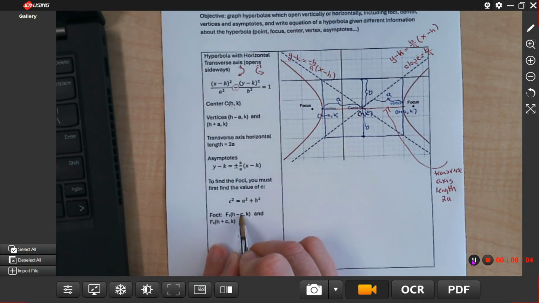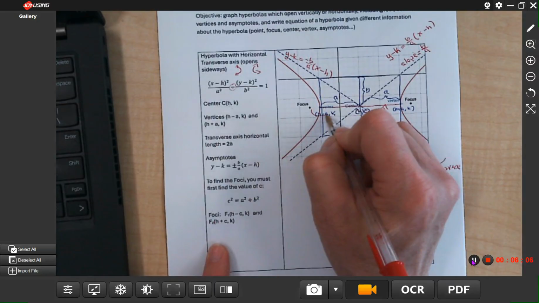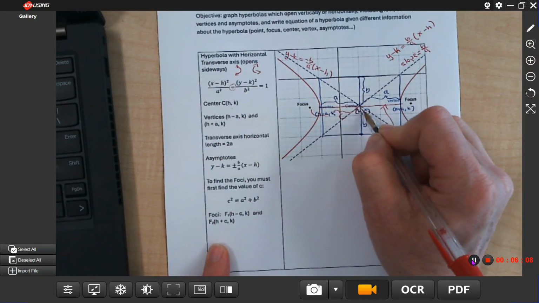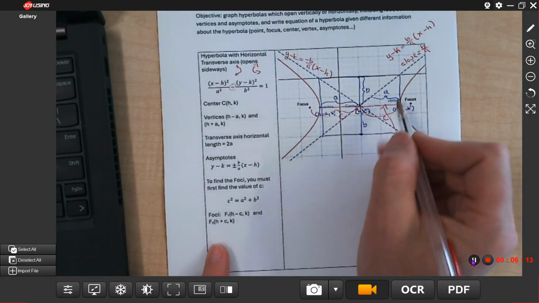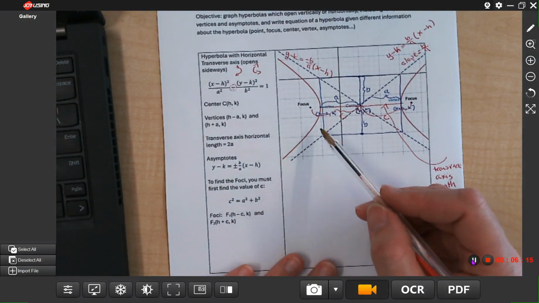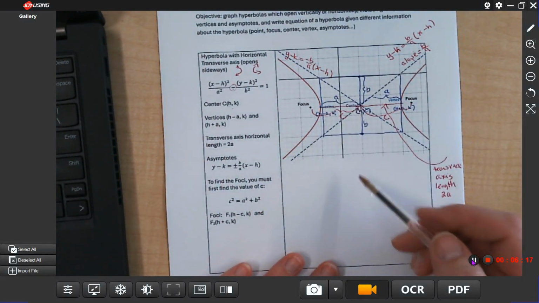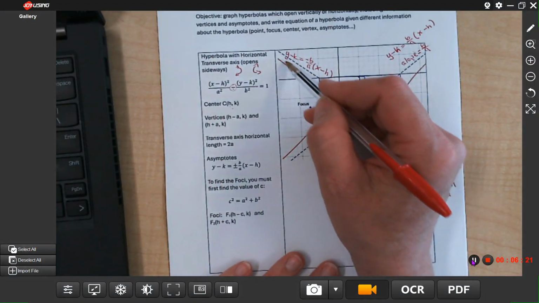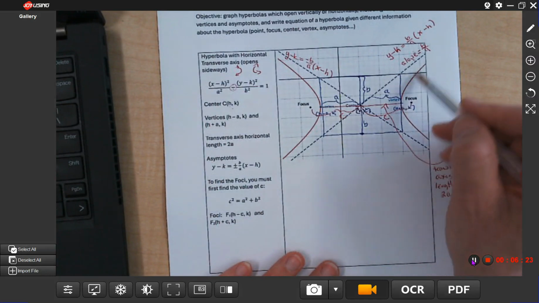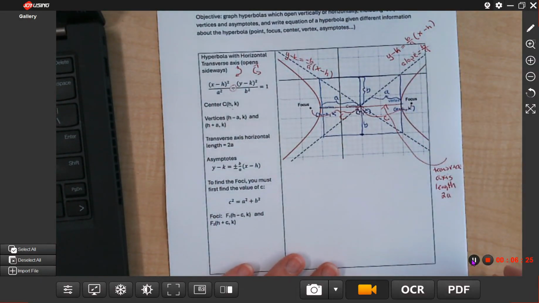So I take the h coordinate, move it left a distance of c, so this distance is c, and this distance is c to get to the focus. So now there are the foci, and once you have that, you want to make a curve that goes through the vertex and heads toward the asymptote on each side. And there you have it.